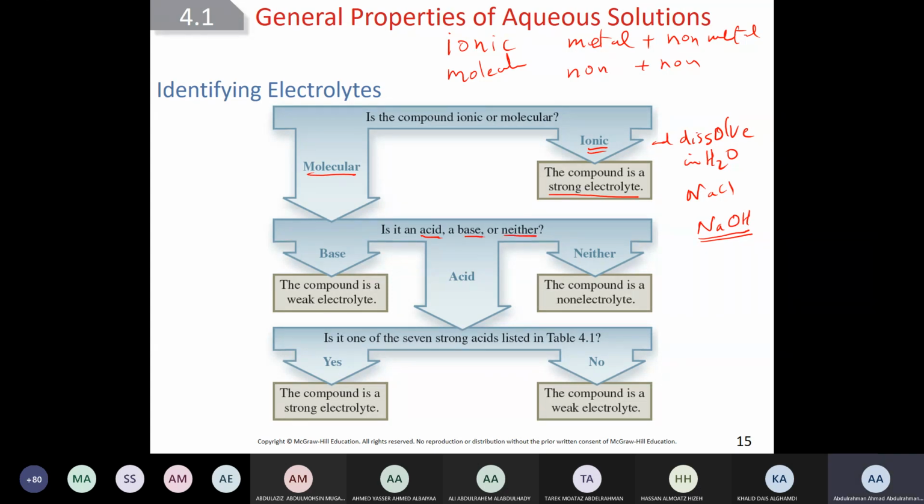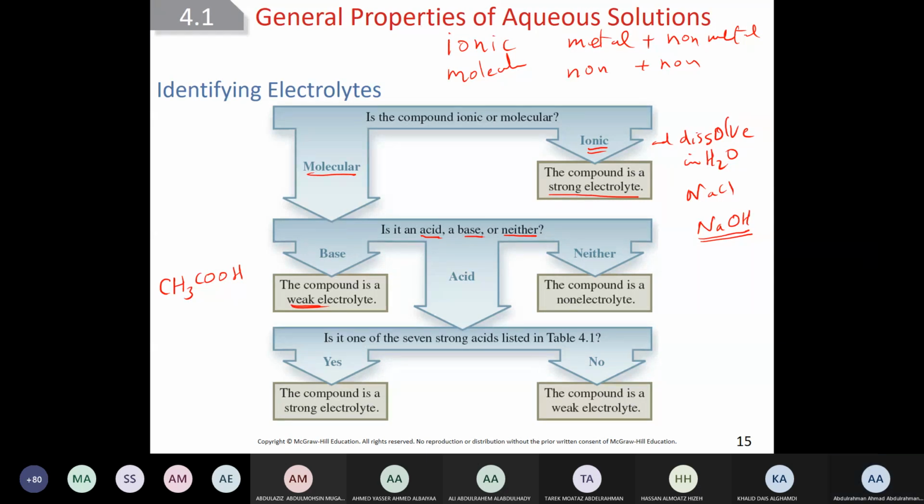If it's acid, then it will always be weak electrolyte. Give me an example of a molecular acid. Acetic acid, CH3COOH, and it will be what? Weak electrolyte.